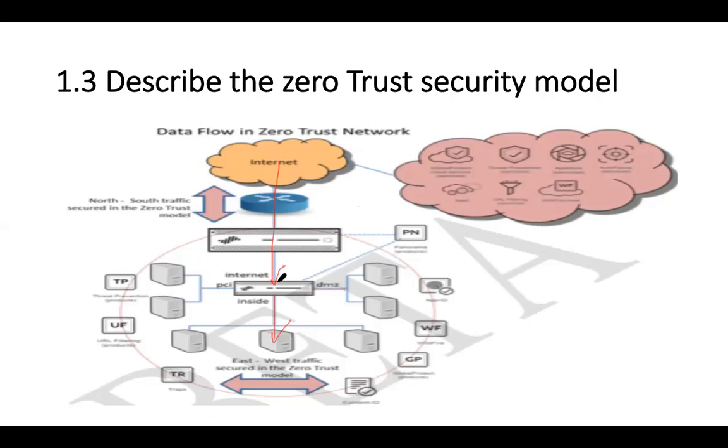So the zero trust security model basically means that unless and until we specifically allow or deny something, by default the traffic from one zone to another zone is denied. Any zone, from inside to outside or outside to inside, anything is denied.